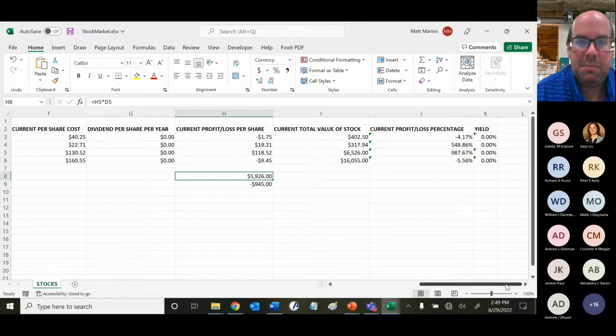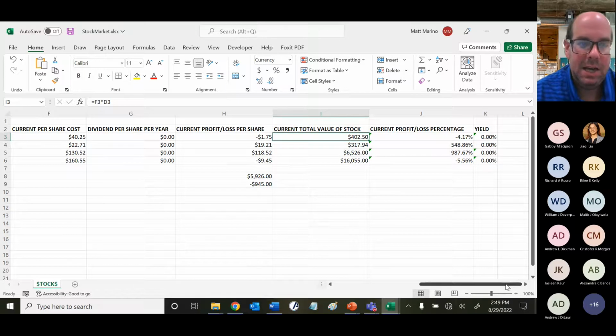So these are our current profit loss. These four are per share. Below it is for the stocks. This one is Amazon. This is for Facebook. Our number above, 118 times 50, or 945 times 100. Then next to it, we have what is called current total value of stock. And that's pretty simple to calculate. It's just your current per share cost times your number of shares.